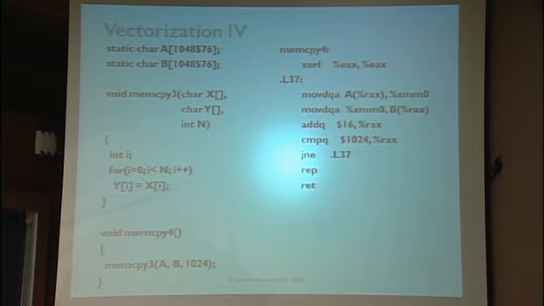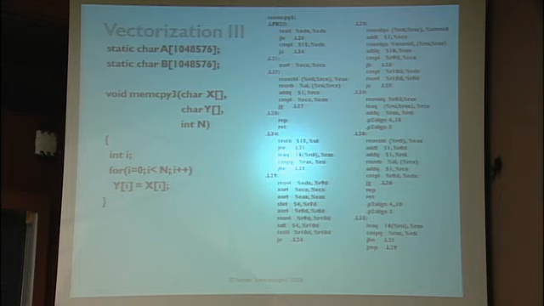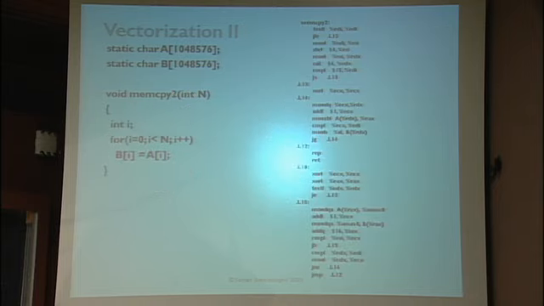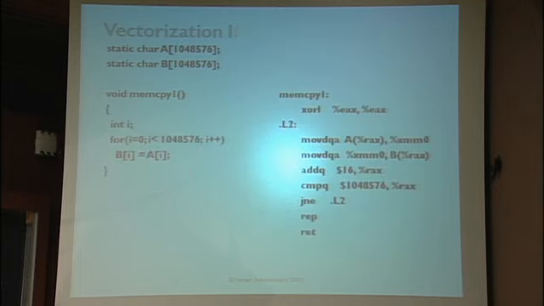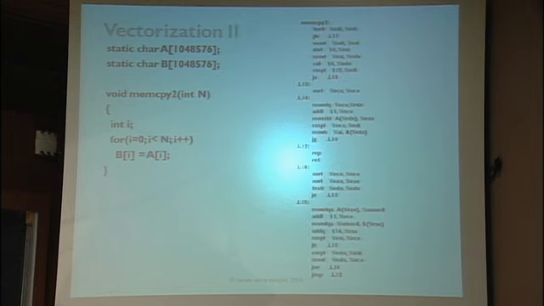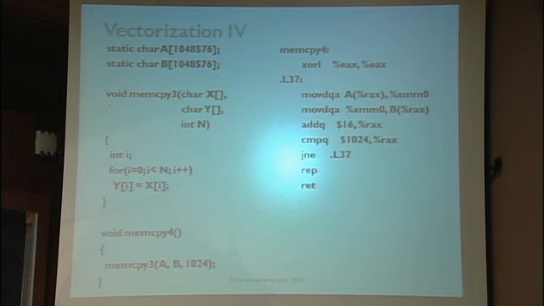It realized that it doesn't have to do all these tests. What it generated is very close to what we got here. After inlining, it realized: wait a minute, I'm copying A to B, I know the start, I know the end, I know the size, and I don't have to do any of these things. I can generate this very simple piece of code. I think that is a neat thing.